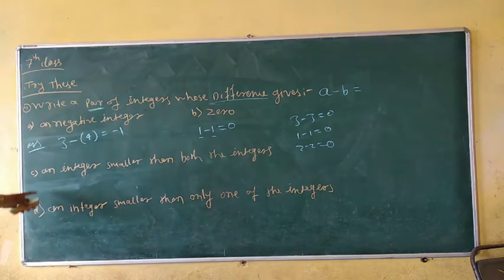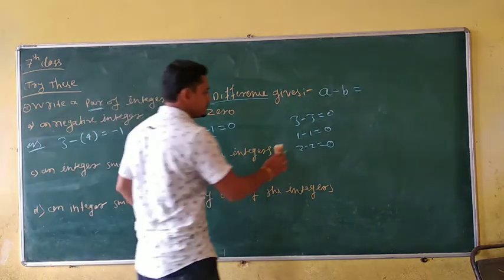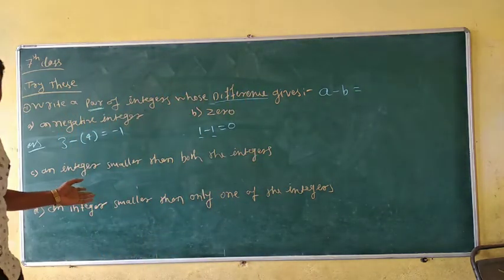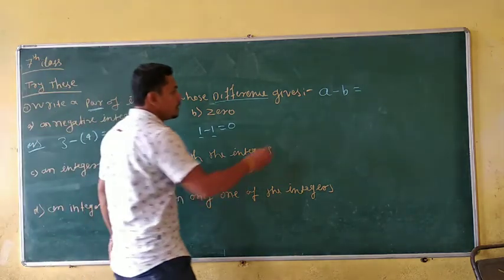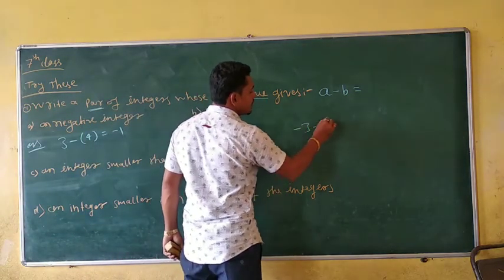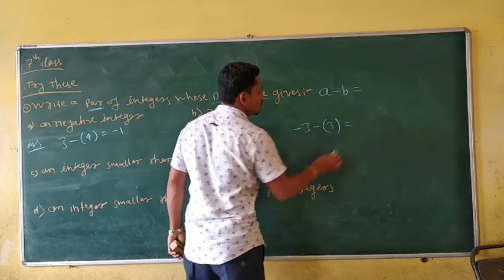Is it right? So next, an integer smaller than both the integers. So here a is equal to minus 3. Take a is equal to minus 3 and b is equal to plus 3.